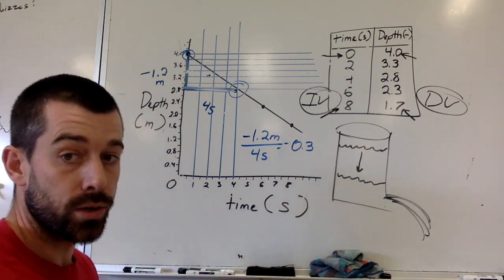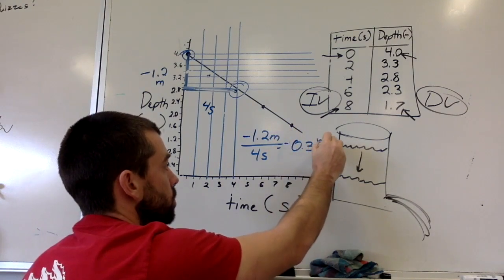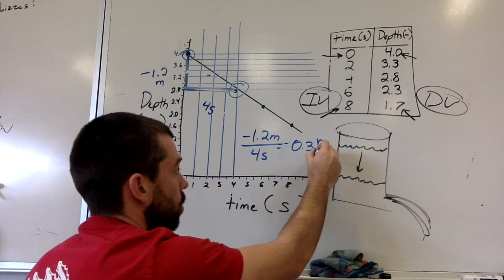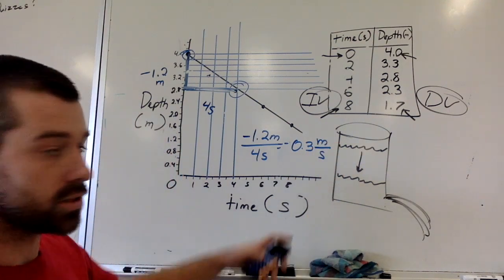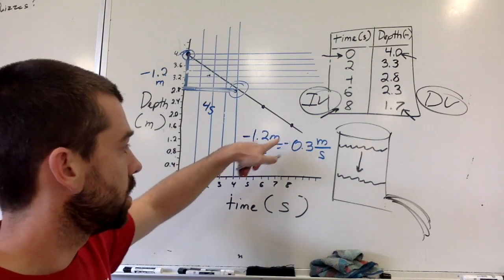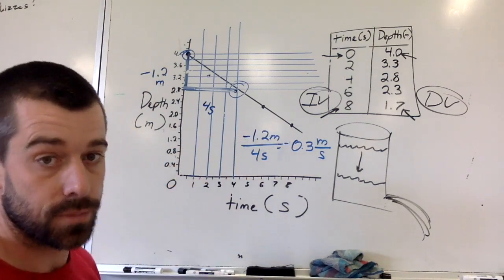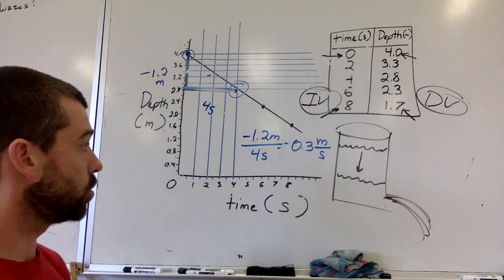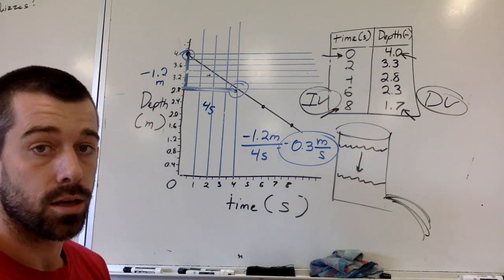Negative 0.3 meters. Notice meters is the y value over seconds. Okay, notice I got the unit by taking this unit and dividing it by that unit, just like I divided this number by this number. Okay, so our slope for this is negative 0.3 meters per second.